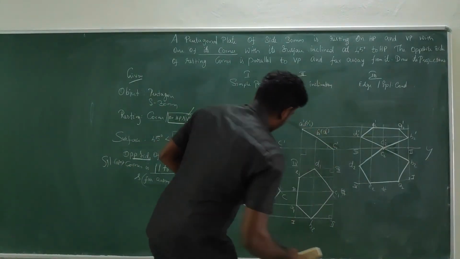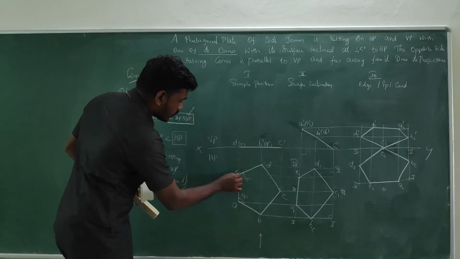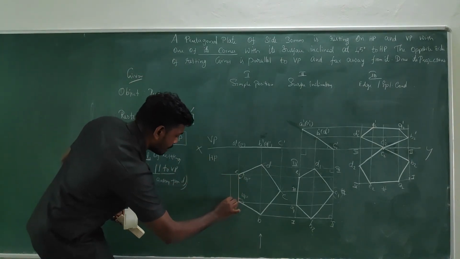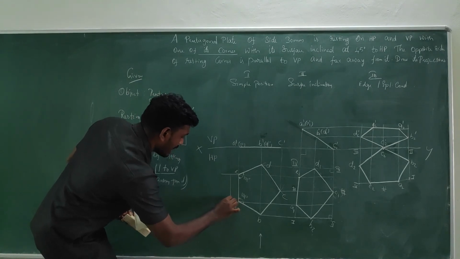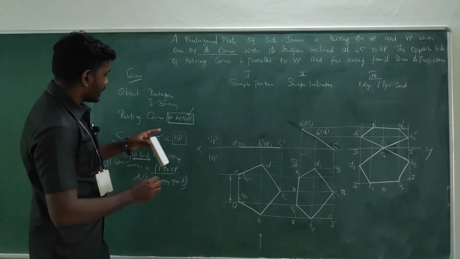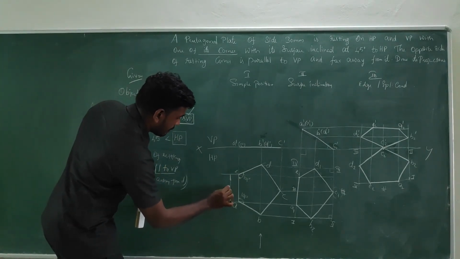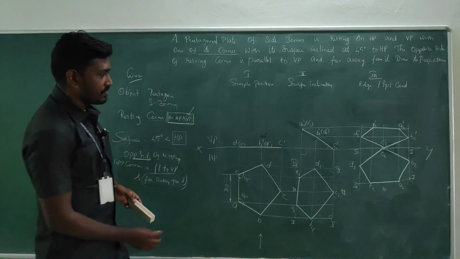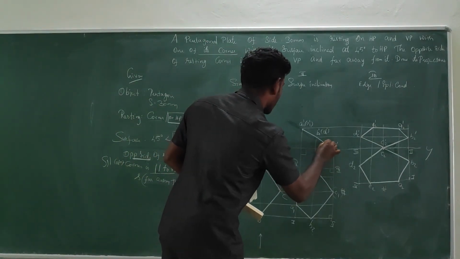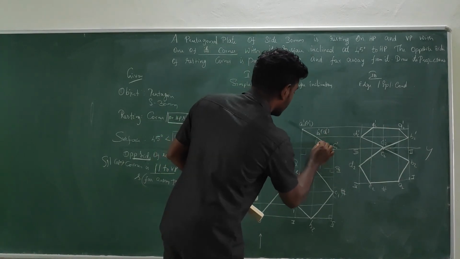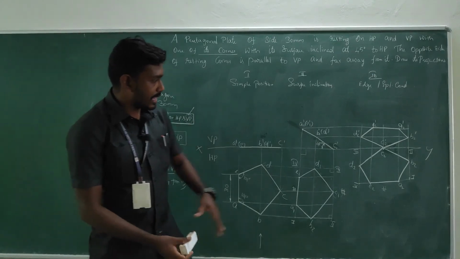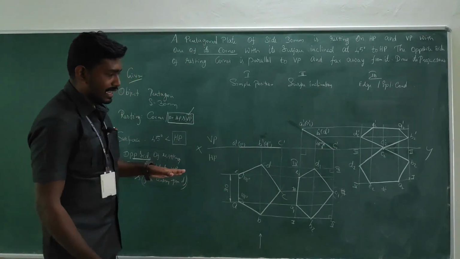So next, the measurements we have to capture. As far as this pentagon is concerned, this side is 30 mm. So take the dimension lines in this manner and make filled arrows, something like this, and write above the line 30. And the surface inclination in the question is given as 45. So in the second stage you must show it, that should be captured, and the third, no issues, there are no dimensions.